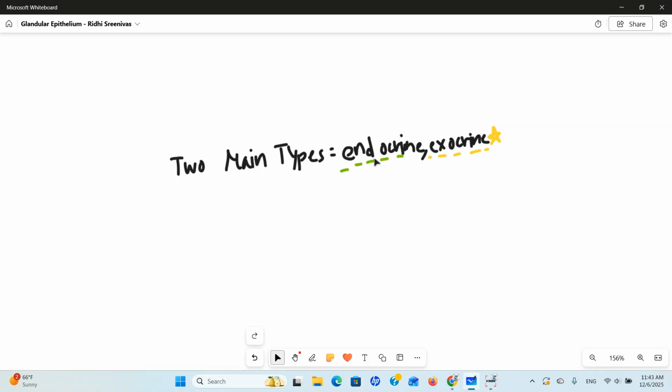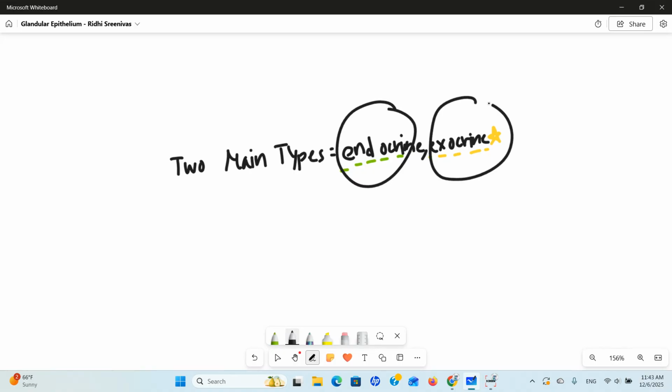There are two categories of glands, endocrine and exocrine glands, but some glands can produce both endocrine and exocrine secretions. So a gland can either be an endocrine gland, an exocrine gland, or have a combination of being able to do both. We're not going to be talking too much specifically about those glands in this video.